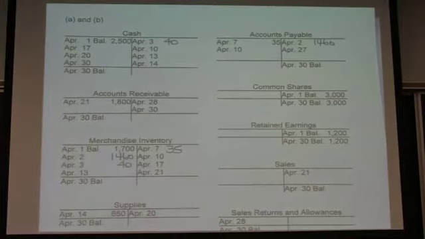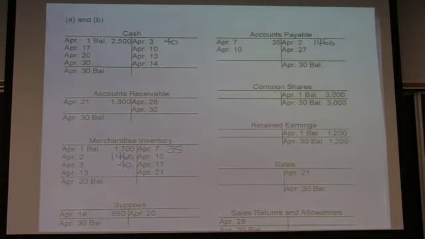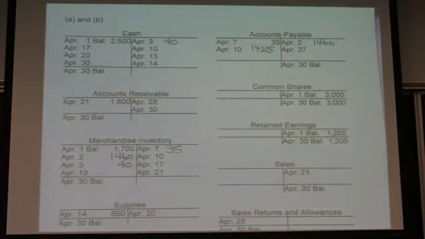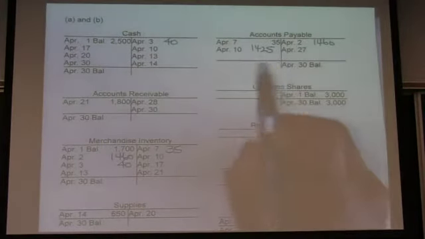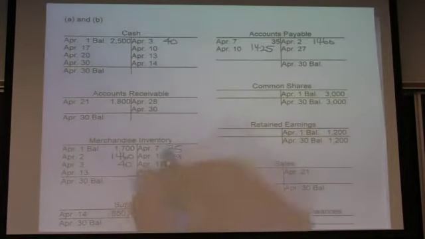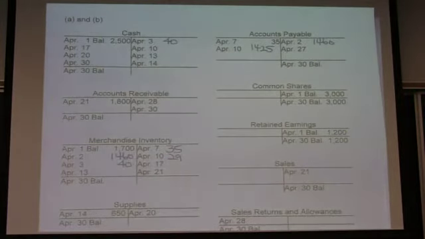Okay. Next, on April 10th, we finally paid the supplier. So what's the entry? We need to debit accounts payable, $1,425. So at that point, it's going to be a zero balance. We're going to credit inventory of $29 on April 10th, and we're going to credit cash, $1,396.